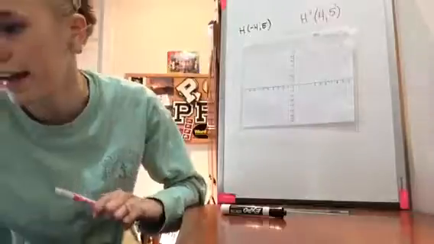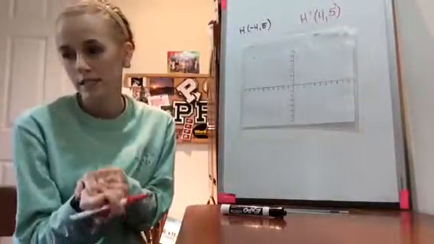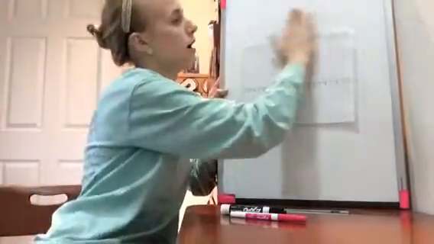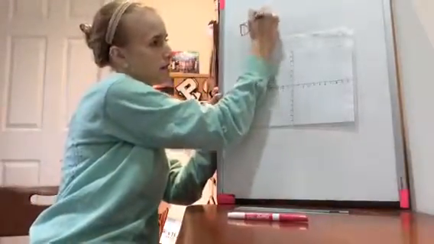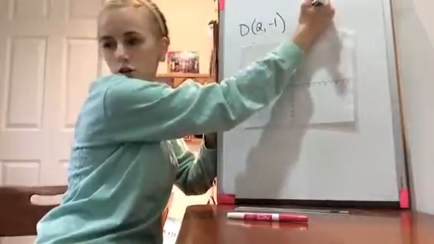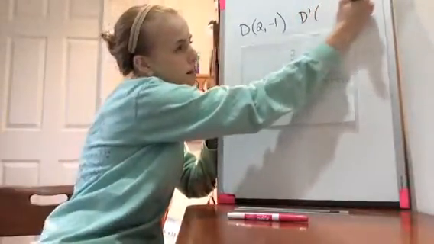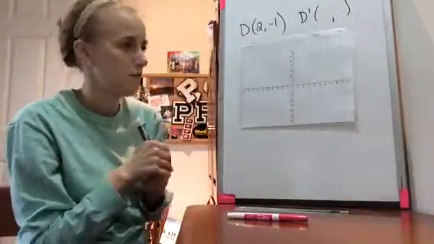The quick check on your notes asks you to graph point D, which is at 2, -1. And they want to know what D prime would be when it is reflected over the y-axis.